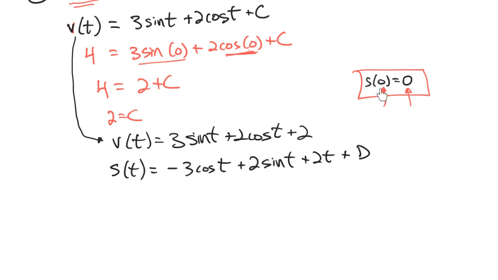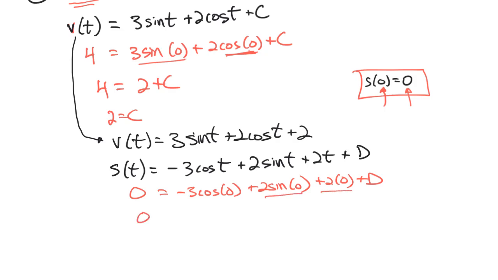So if we plug a 0 in for t, the position is also 0. So I'll use this in red again. I'll say 0 equals negative 3 times the cosine of 0 plus 2 sine of 0 plus 2 times 0 plus d. Well, these two are just going to be 0, but cosine of 0 is 1, so you get 0 equals negative 3 plus d.